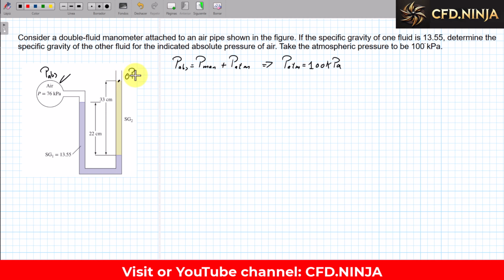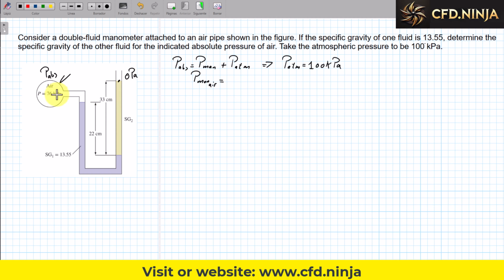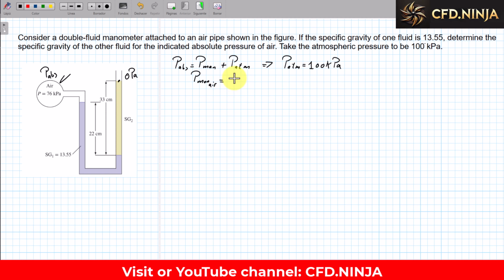For what reason? Because it is in contact with the environment. Therefore, the gauge pressure of the air will be equal to what? The absolute pressure, which is 76 kPa, minus the 100 kPa that are here. That is, from this equation we are simply solving for the gauge pressure, which would be the following.